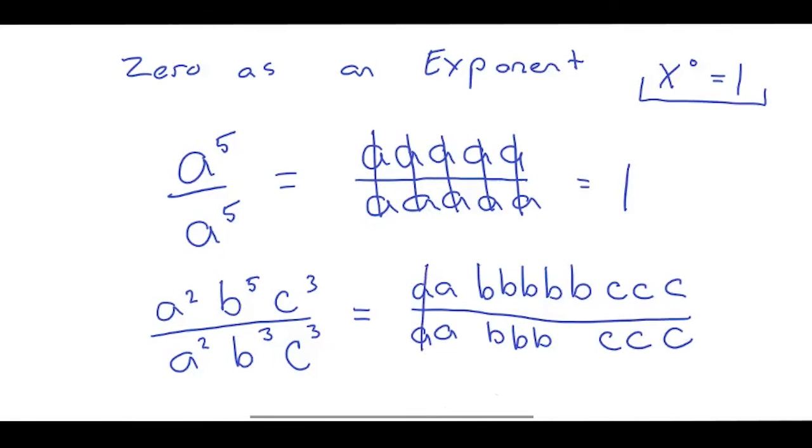Well, here the a's cancel, that b and that b cancel, that b and that b cancel, that b and that b cancel. And then we got these c's here that cancel. All right. And the only thing that's left are these two b's. It's b times b, which is b squared. Same answer we got last time. Hope that makes sense.